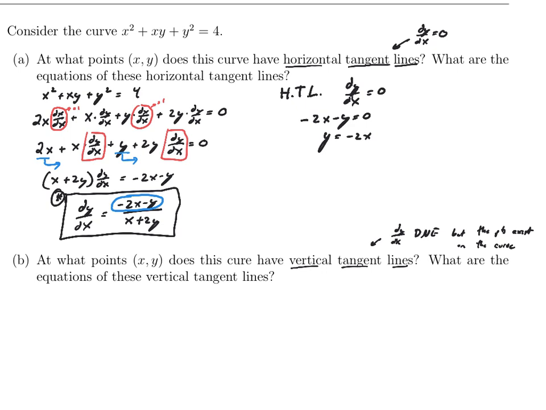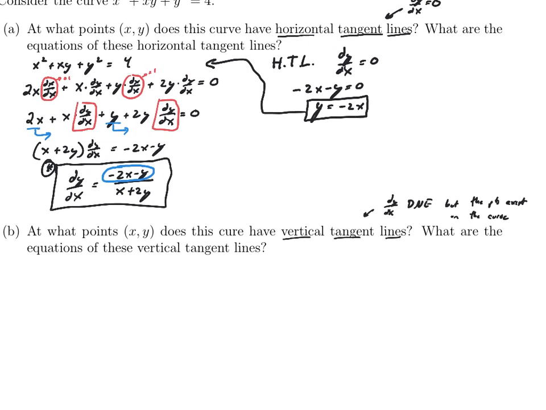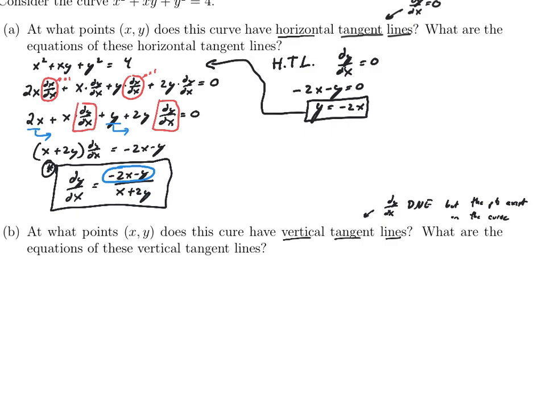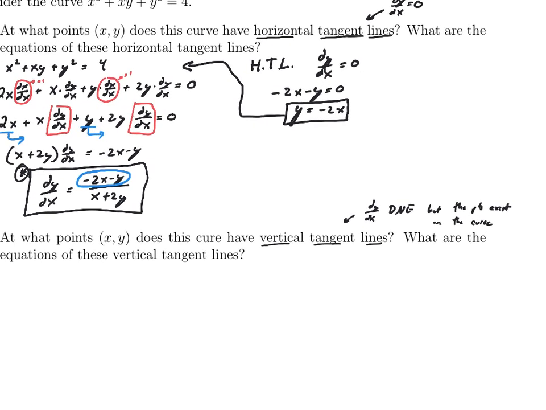Now what I'm going to do is put this equation back into the original. So everywhere I see a y, I put in negative 2x. So I have x squared plus x times negative 2x plus y squared is equal to 4. Oh, but this y, I almost forgot this little y. That's also negative 2x squared.